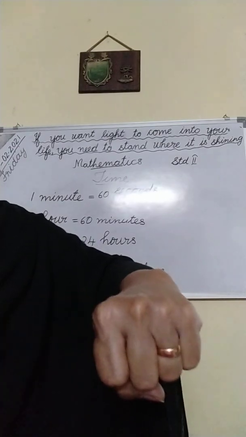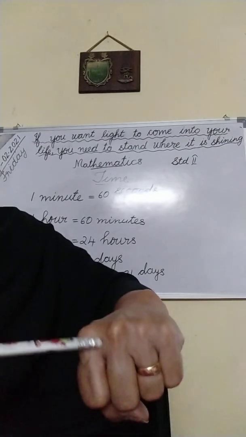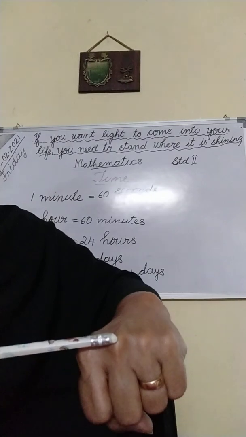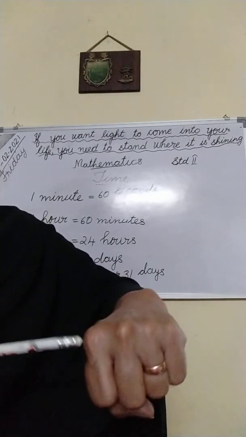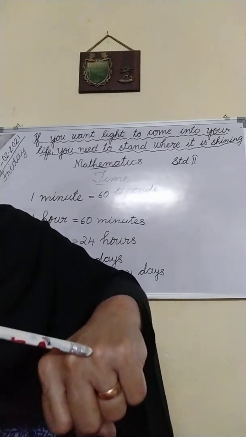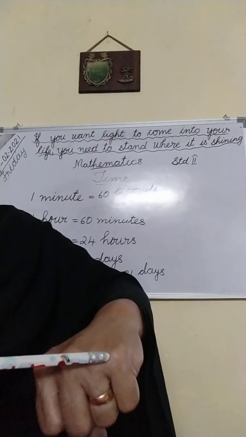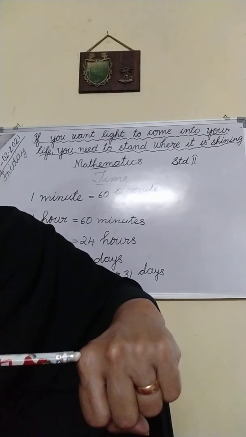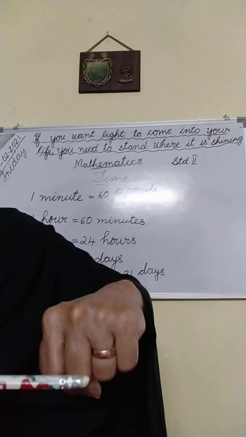January 31. Then February, if it is leap year, 29, otherwise, it will be 28. Now, March 31. See all these projecting parts are showing 31 days. March 31, April 30, May 31, June 30, July 31, August 31. See, these two are projecting. This is the easy method for you to know.